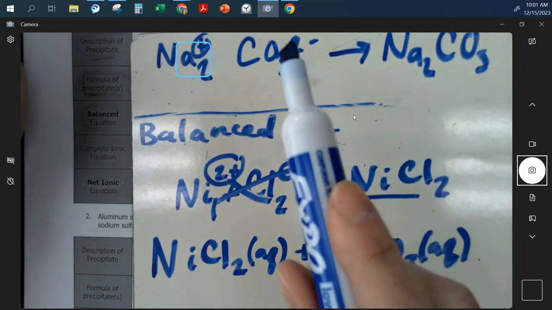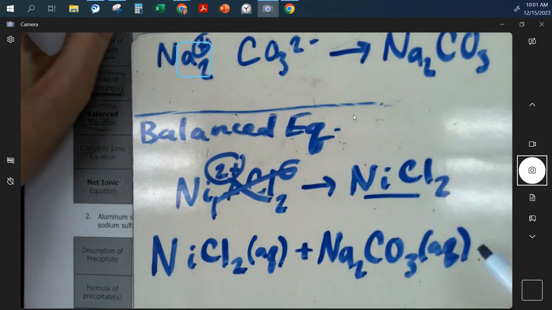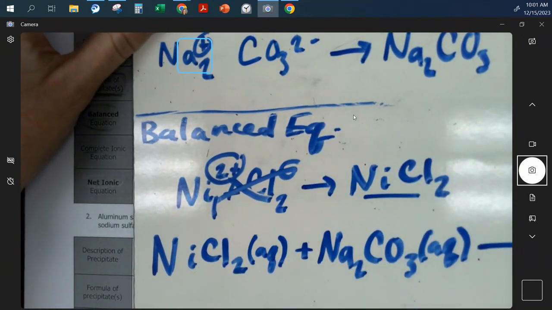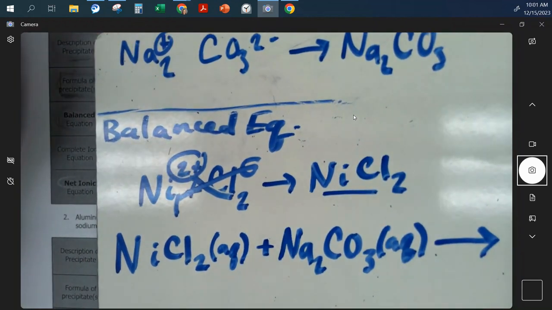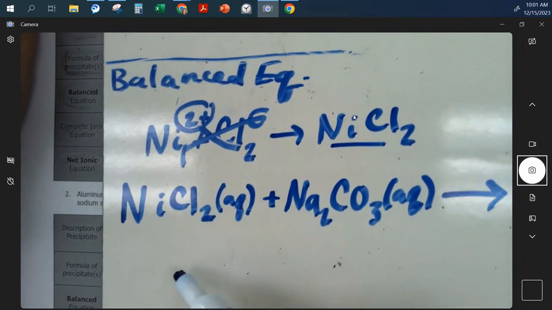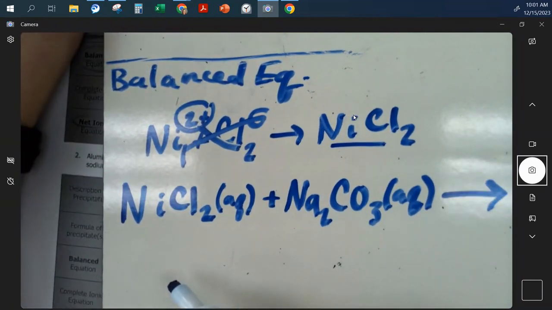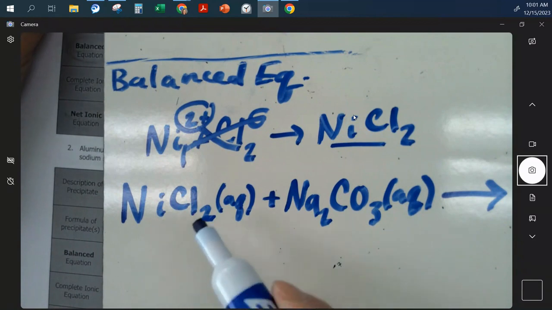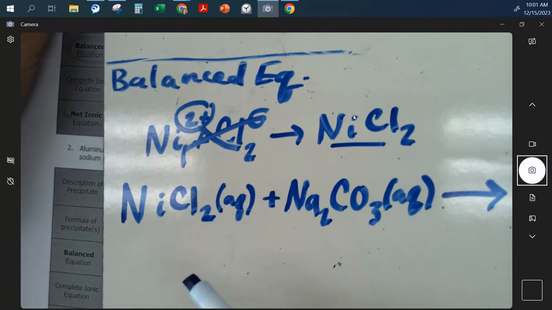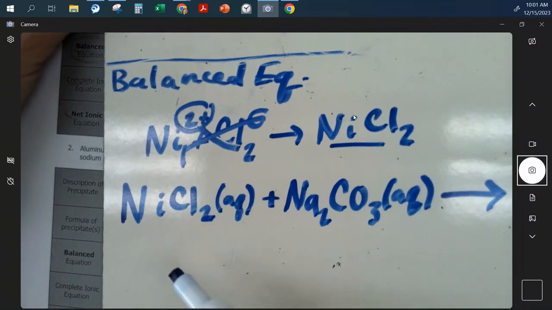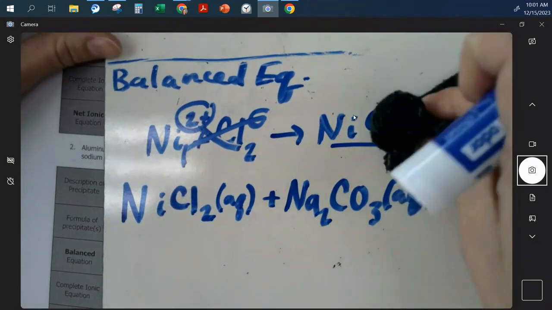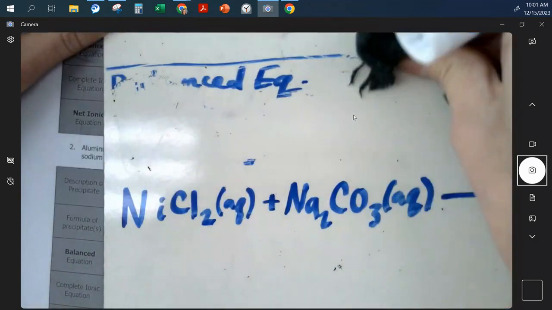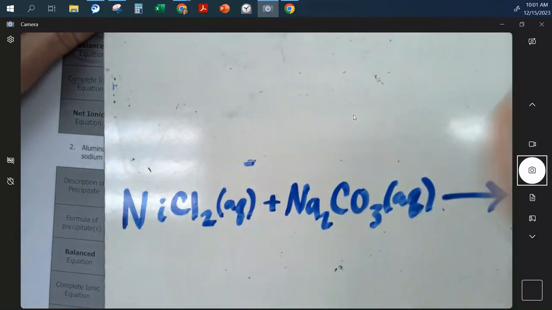And then our sentence says to produce, so that's going to be to produce an arrow. Okay, to produce. And then I'm running out of space, so I'm going to put it down here. To produce what? What are we going to produce? It says we produced nickel 2 carbonate and sodium chloride. So I'm going to erase this one. I'm just giving myself some more space here.